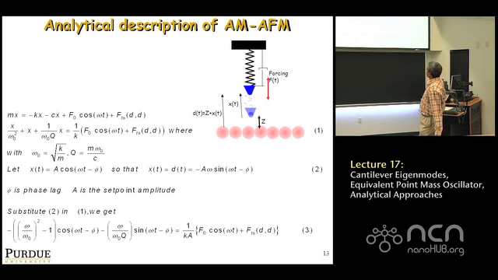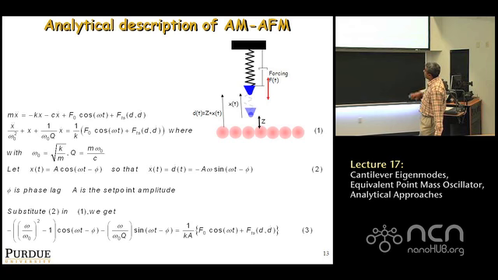So here's what we do. We assume that the tip also oscillates harmonically with an amplitude A. x is going to be A cosine of omega t minus phi. Okay? So x dot, which is the velocity of the tip, is going to be the same as d dot, which is the rate of change of the gap, and is going to be negative A omega sine of omega t minus phi.